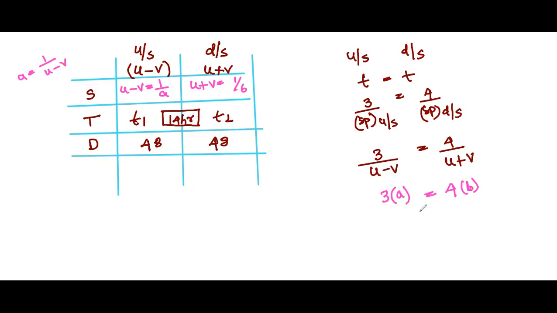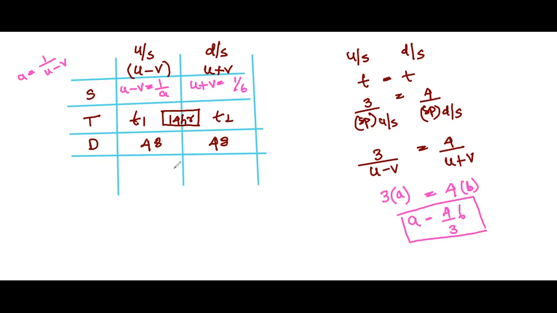So therefore you can write here that a is equal to 4 divided by 3 times b. Okay, I have inputted this one.